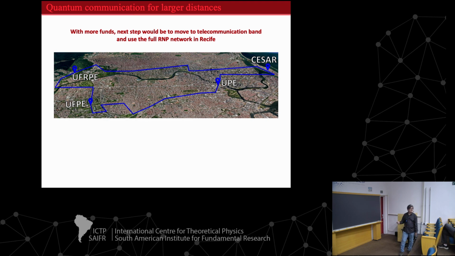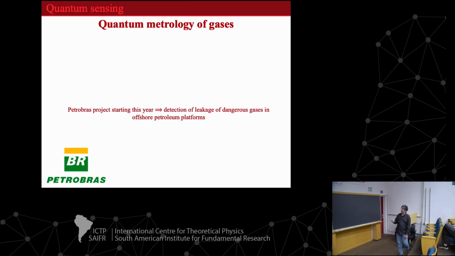It's a good distance to work with telecom. And we are particularly interested in connecting with CESAR. CESAR is an innovation center, and it is also like an Embrapii reference center for cybersecurity. So we want to really connect with them at a certain point.